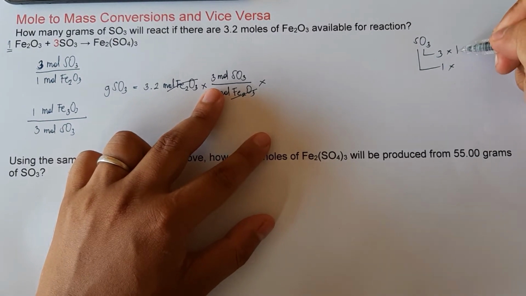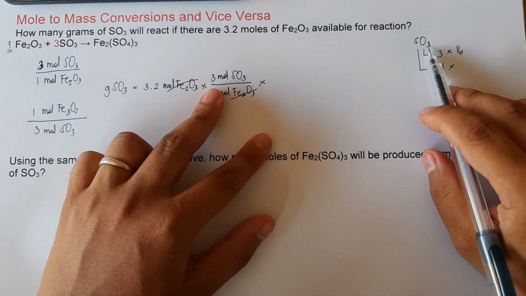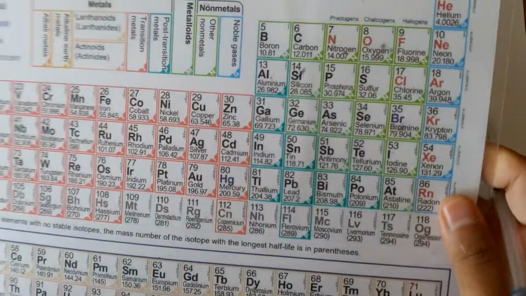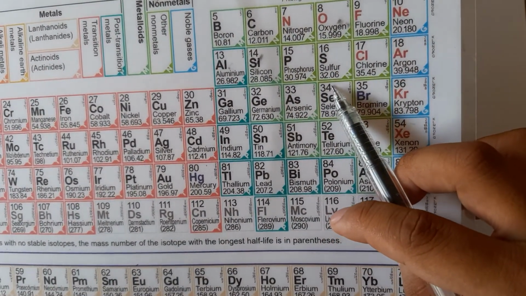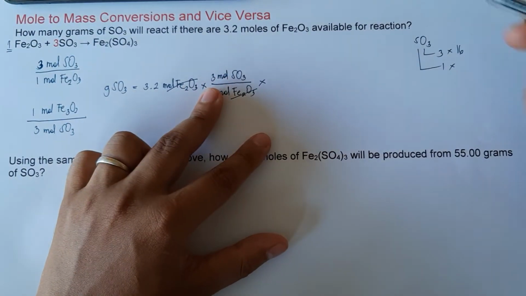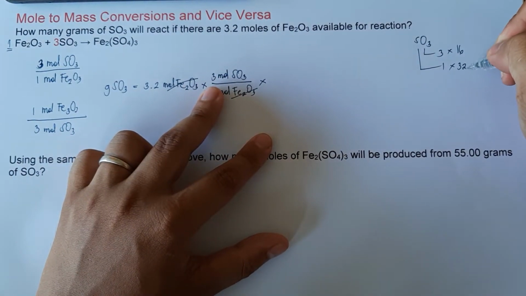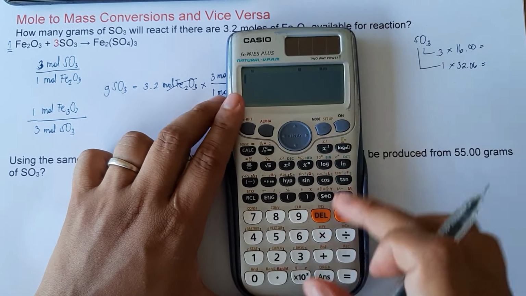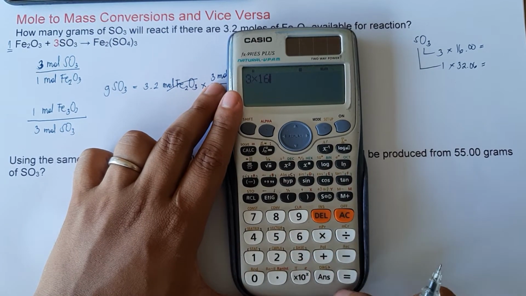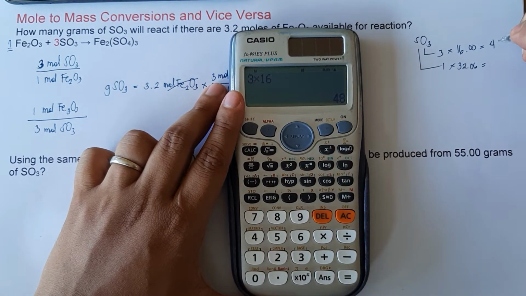So, that will be 16. So, 3 times 16. Bakit 3 times 16? Kasi 3 atoms. And sulfur, ang sulfur naman natin is 32.06. Ayan, kung makikita po ninyo, 32.06. So, that will be times 32.06. So, what will be our answer? So, 3 times 16 is 48.